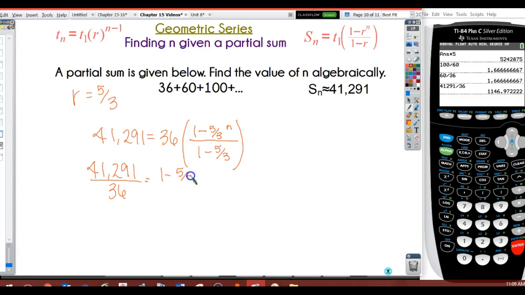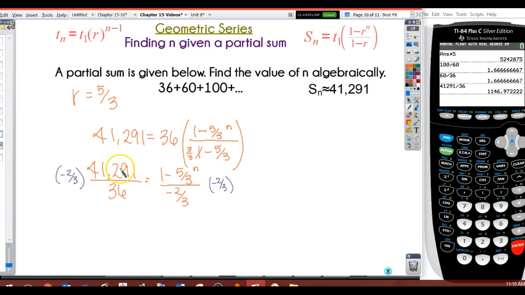So then I'll have 1 minus 5/3 to the nth power. This one we could think of as 3/3. 3/3 minus 5/3 will give us a negative 2/3. Now to get rid of this annoying negative 2/3, I can multiply both sides by negative 2/3 to get out of the denominator.